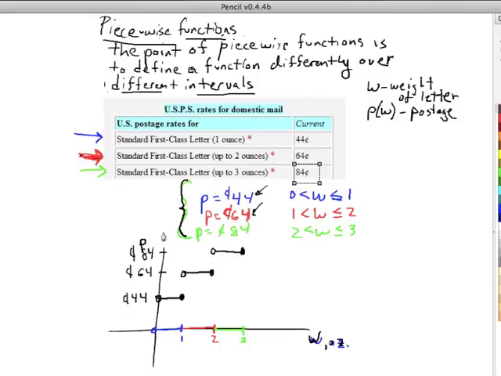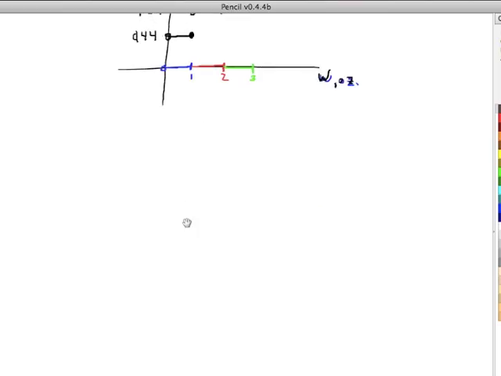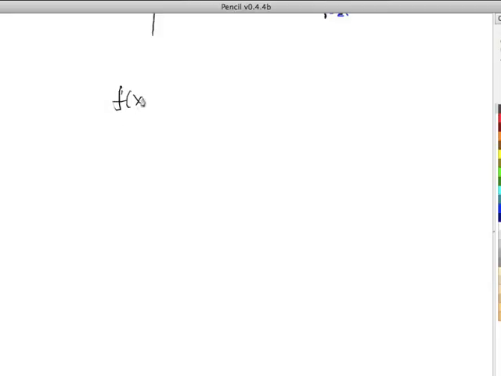Now, these are applications, and unfortunately, a lot of the problems they'll give you just define the function over different intervals. So let me talk about that real quick. Let's write f of x is equal to, and they're going to define the interval. It's going to be kind of backwards from what we just did, because they're also going to give you the graph, and you're going to have to define the piecewise function. But here, if x is less than -1, f of x is equal to 3.